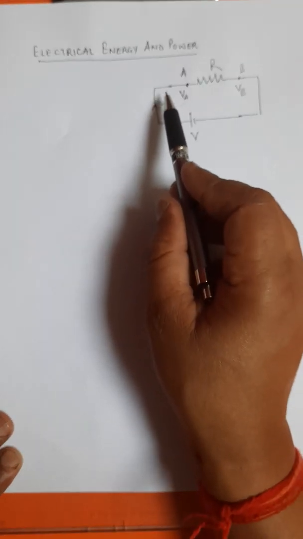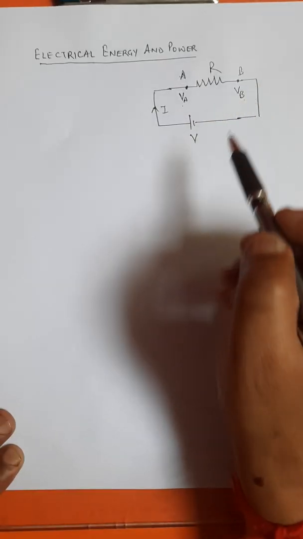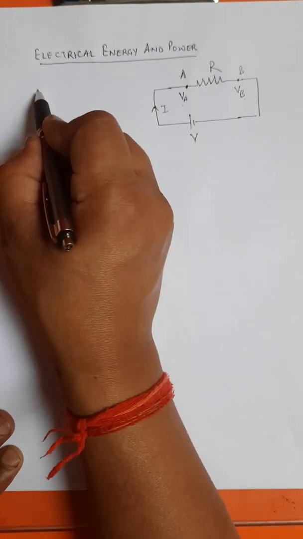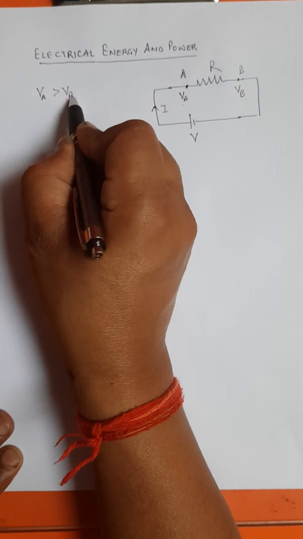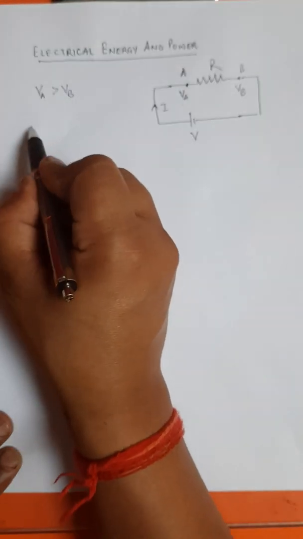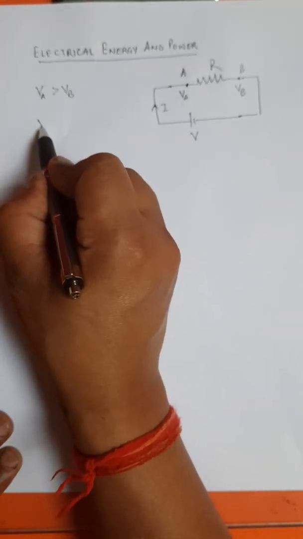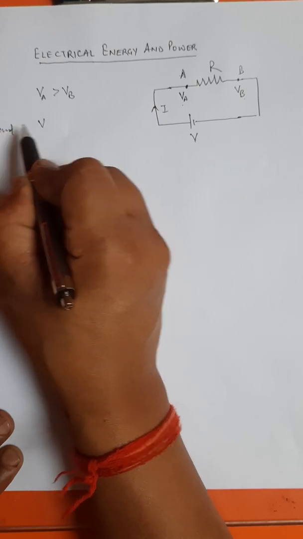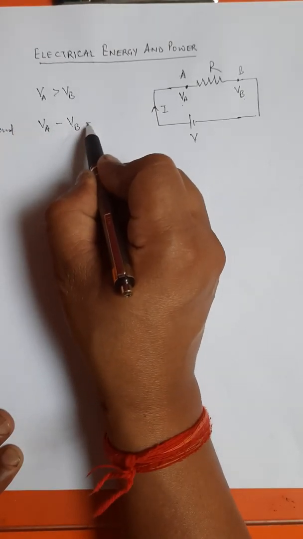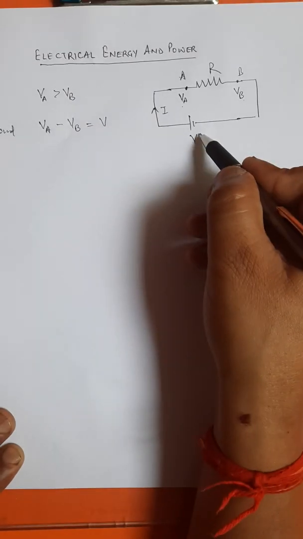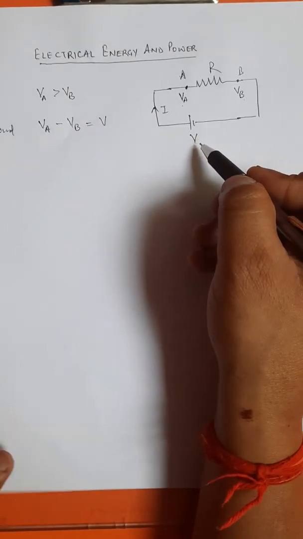As the current is flowing from point A to B, clearly VA is greater than VB, and VA minus VB is equal to the voltage applied across the ends of the conductor.